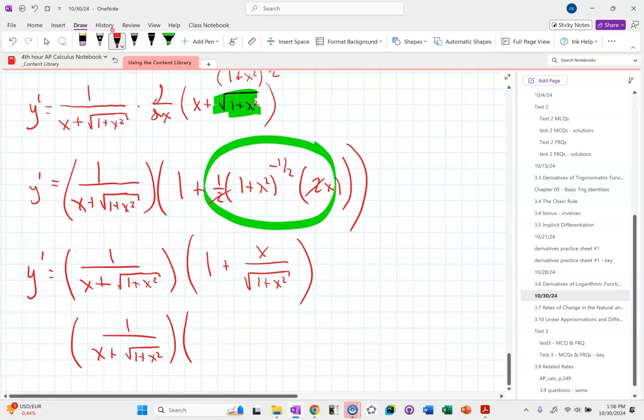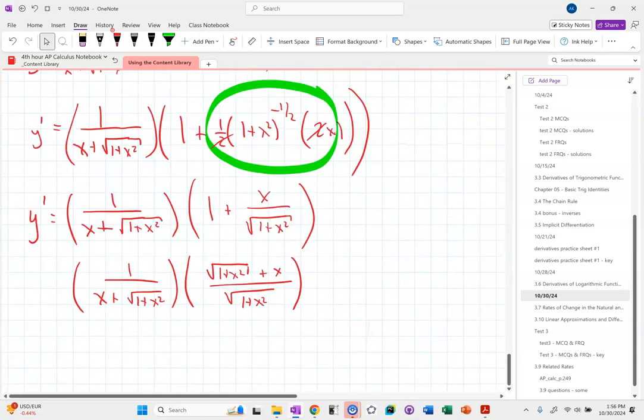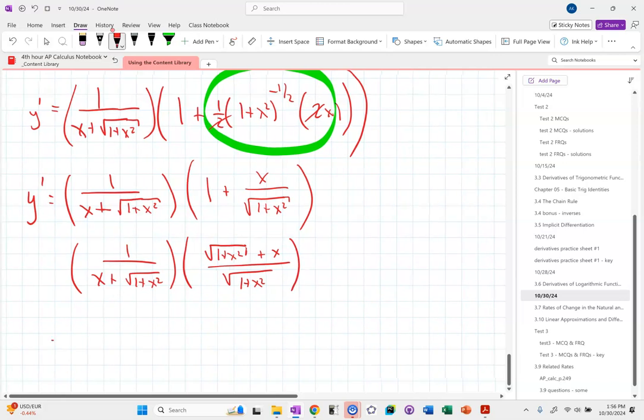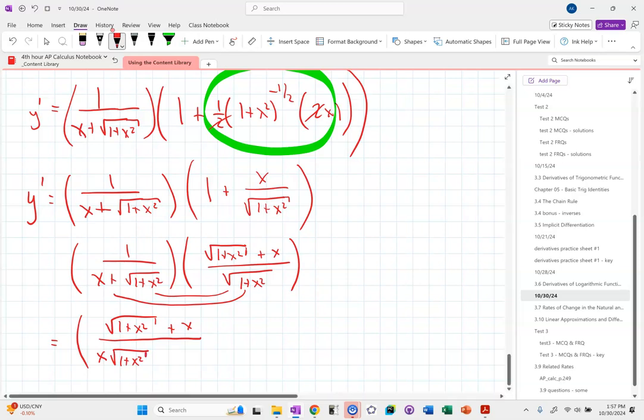So that common denominator would just be the square root of 1 plus x squared. Is that okay? I'm going to multiply these two things together. So the numerator is easy. For the denominator, that stuff is going to distribute through. Does that feel okay there?